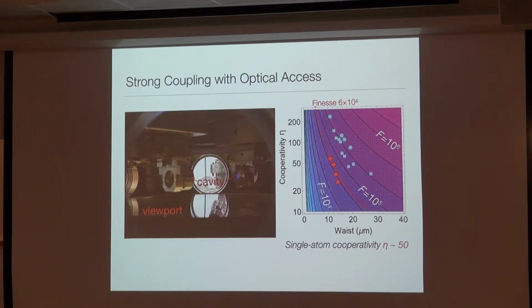And as one tunes the mirrors closer and closer to that concentric regime, at fixed mirror finesse, the cooperativity, which is this figure of merit, the interaction to decay ratio, goes up, and we can align it to a regime where that cooperativity is about 50. The best mirrors we ever measured could get up to 200, with the current cavity lifetime of the current system, 50. So we're pretty happy with that. That means we can be in a regime of coherent photon-mediated interactions.